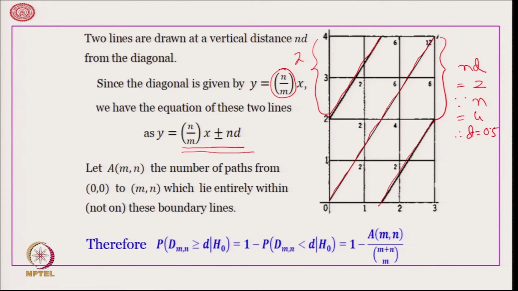Therefore, in counting the number of paths from (0, 0) to (m, n), we shall not consider any of the points which lie on these lines, or in other words, we shall count only those paths which are entirely in this region.